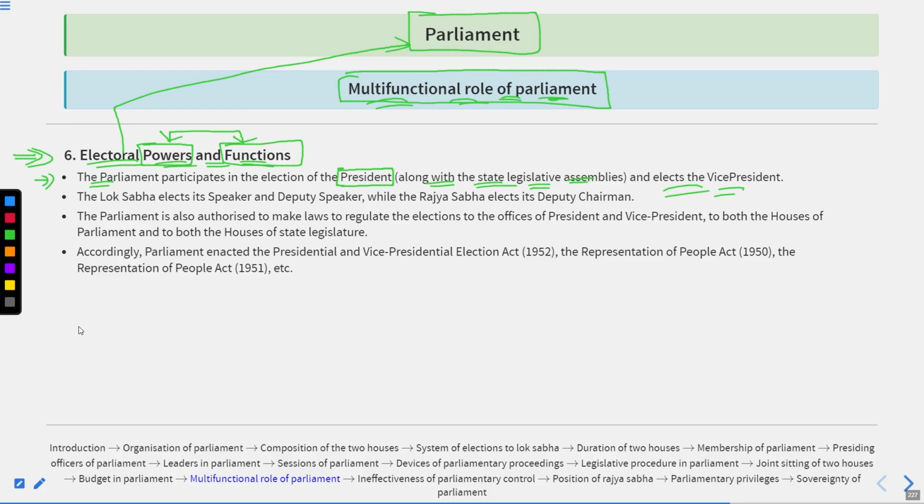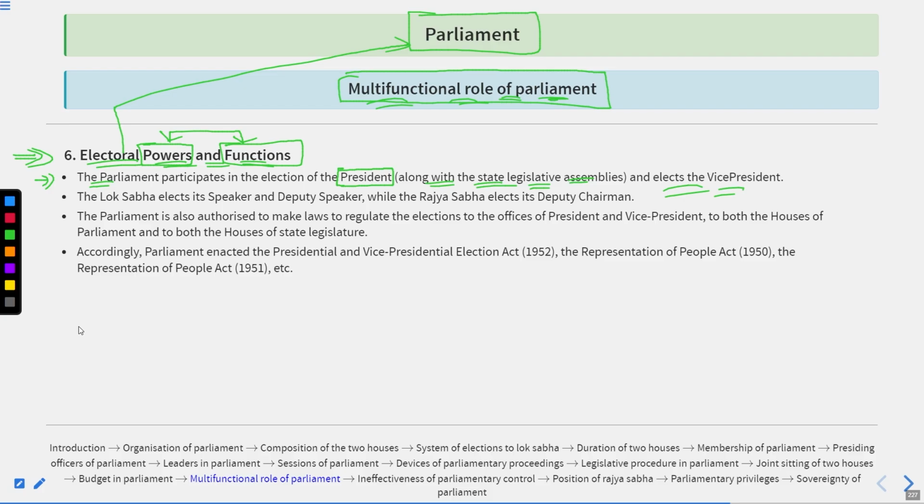If we are talking about social and economic democracy, then there is the provision of fundamental rights that emphasizes the political democracy of the country.